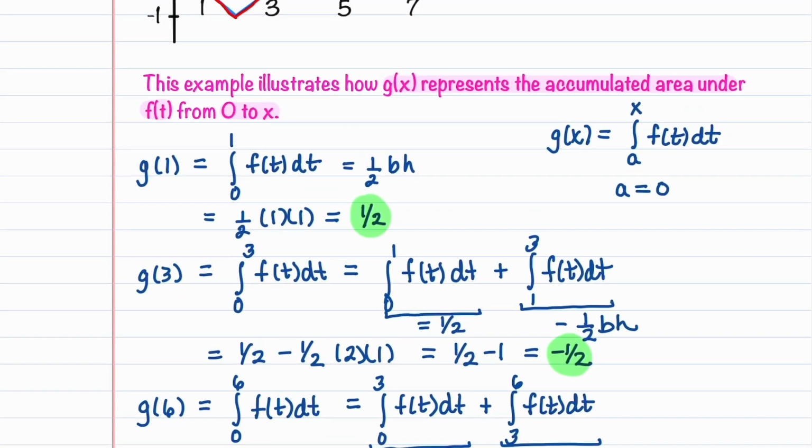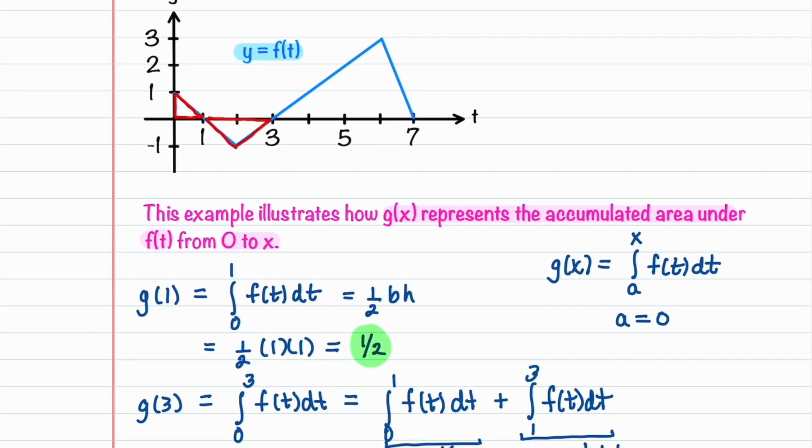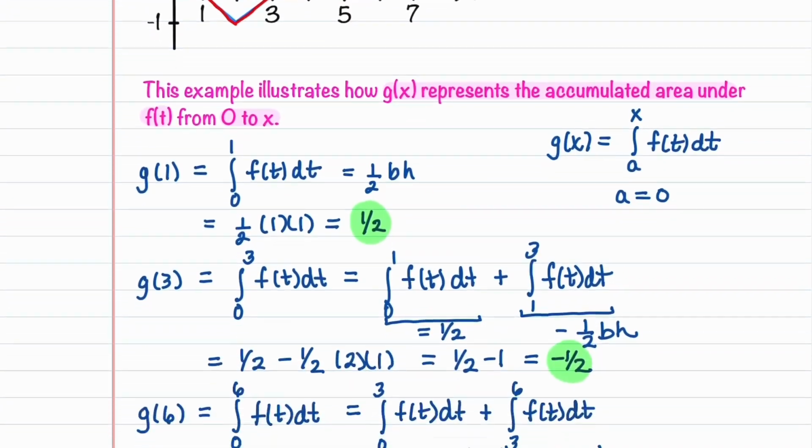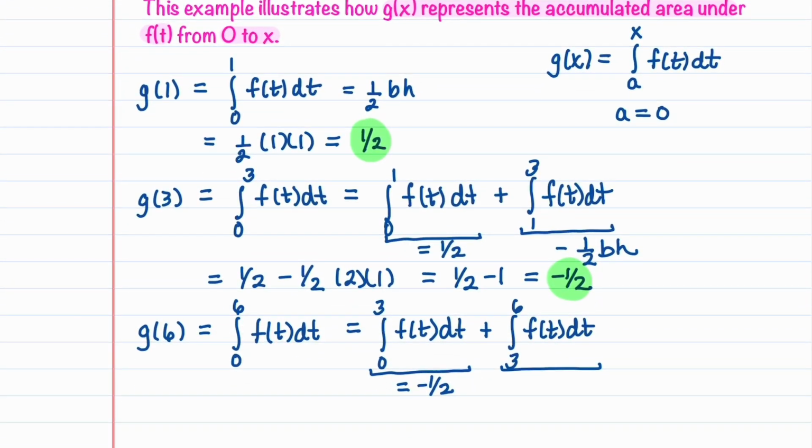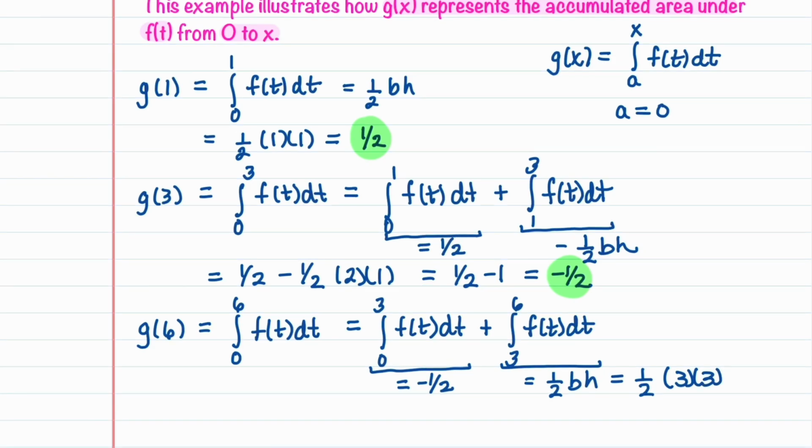Let's go back up and look at our graph. That integral is the area under this triangle right here. And this triangle has a base of 3 and a height of 3. So this part is going to be 1/2 base times height, and this is 1/2 times 3 times 3. Let's see what this gives us.